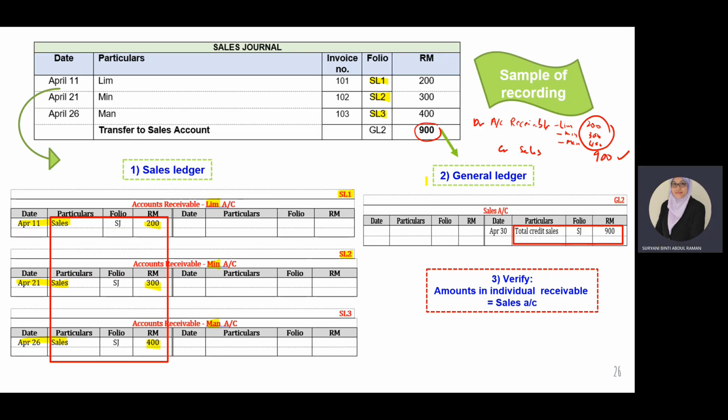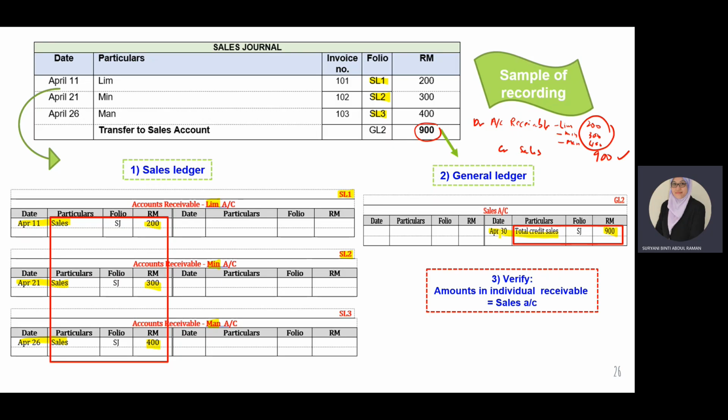And next, the double entry is in the general ledger on the credit side. What you need to do is just sum out the total and record it as total credit sales, 900 ringgit. Okay, forgot to mention just now, the date will be at the end of the month.